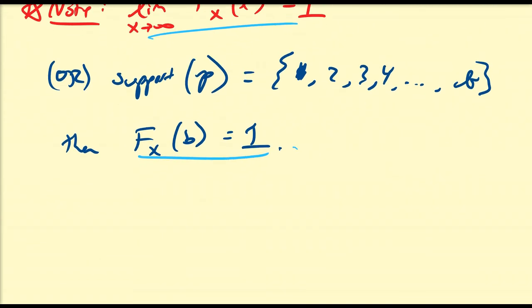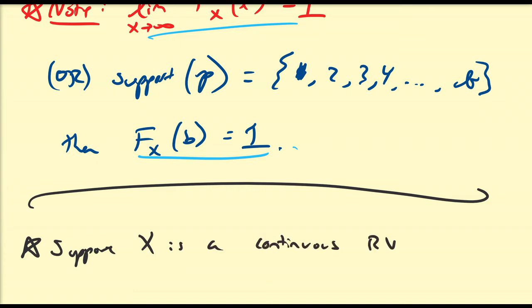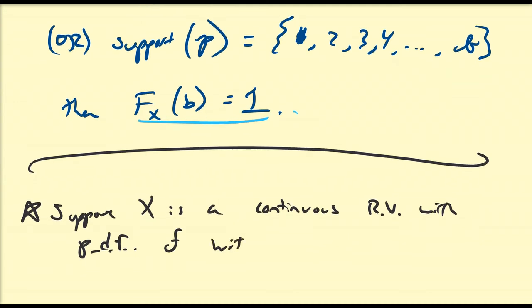Right. So now let us take a look at the continuous case. So now let us suppose that x is a continuous random variable with probability density function, let's call it f, with support gamma. Right?